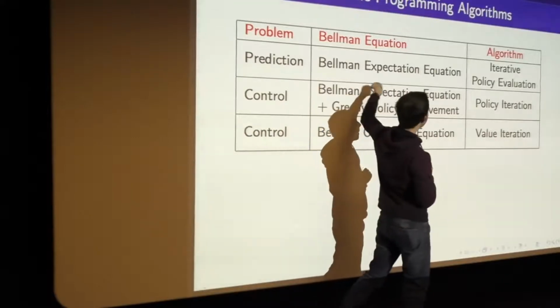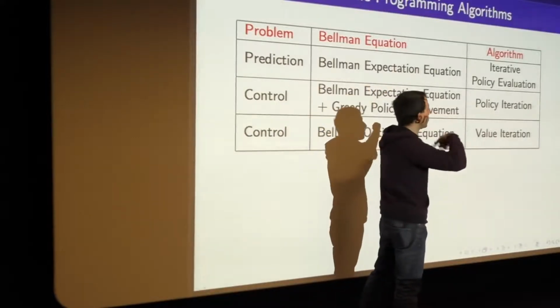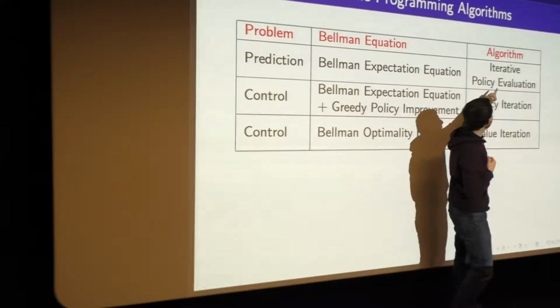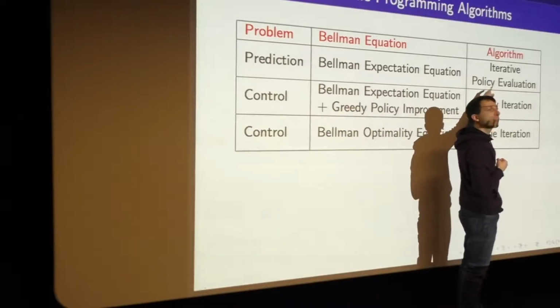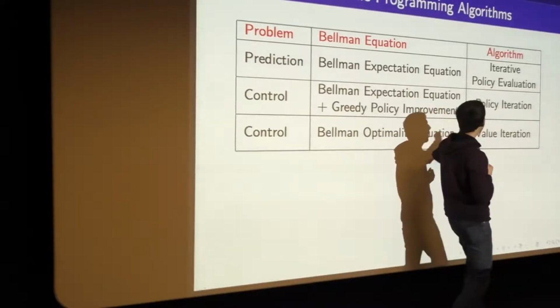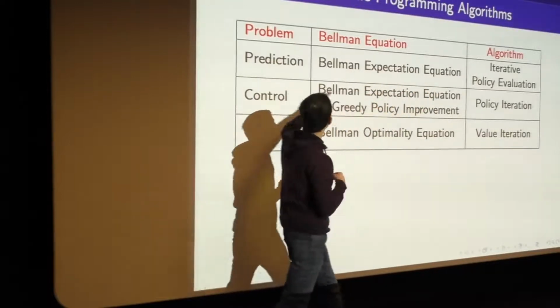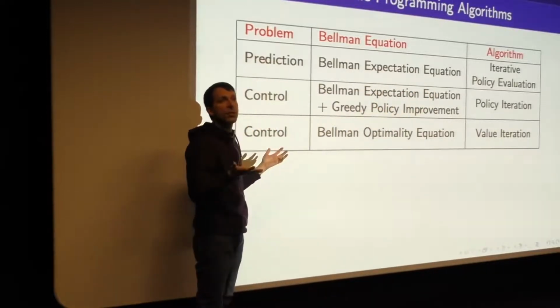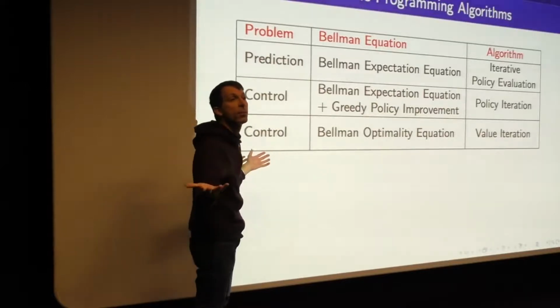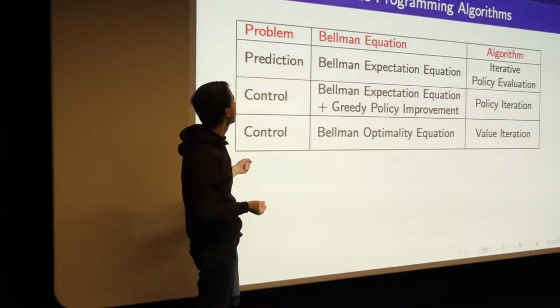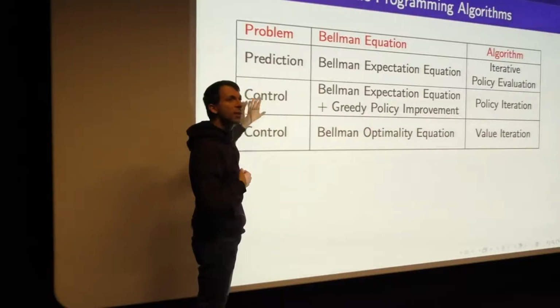If we take that Bellman equation and turn it into an iterative update, we end up with iterative policy evaluation, which was the first part of today's class. So you take the Bellman equation, you iterate it, and it gives you V pi. It tells you how much juice you're going to get from some given policy. Then we consider control.